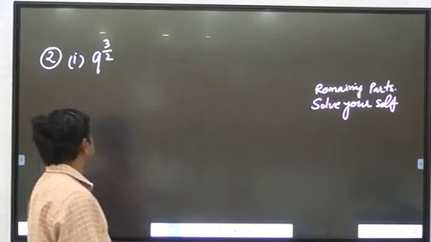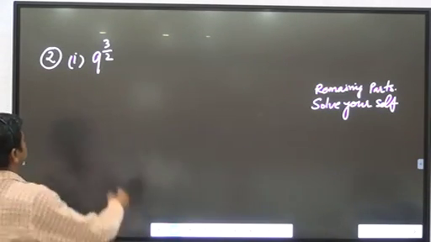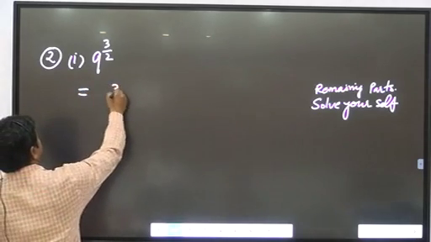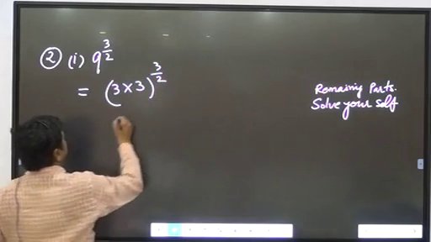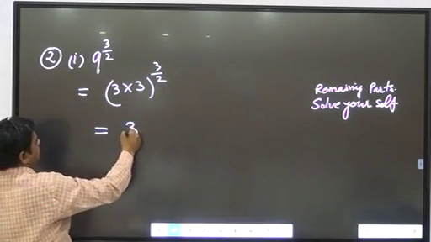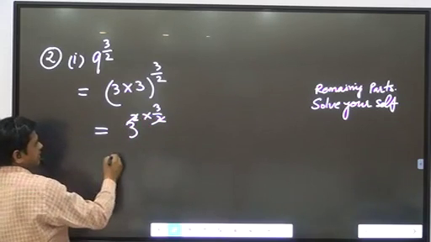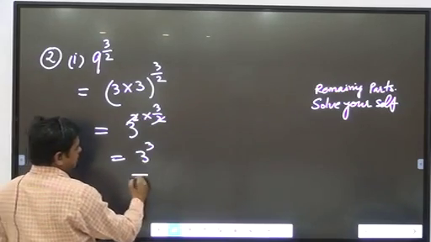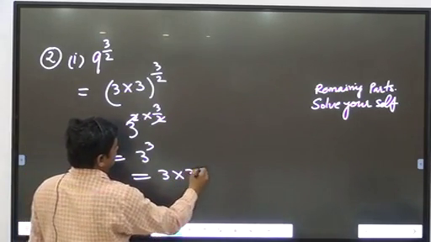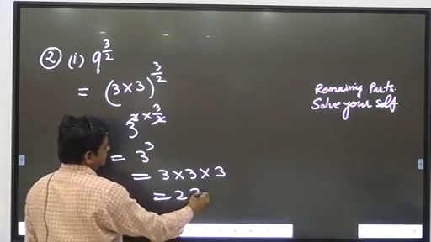Now 9 to the power 3/2: factorizing 9, we get 3 into 3, so we write it as 3 to the 2 to the power 3/2. The 2s cancel, leaving 3 to the power 3, and expanding it we get 3 multiplied by 3, 3 times, so finally 27.